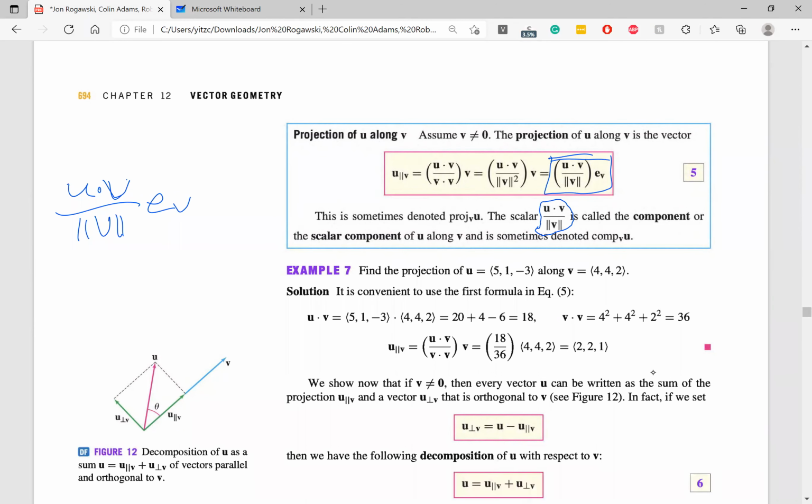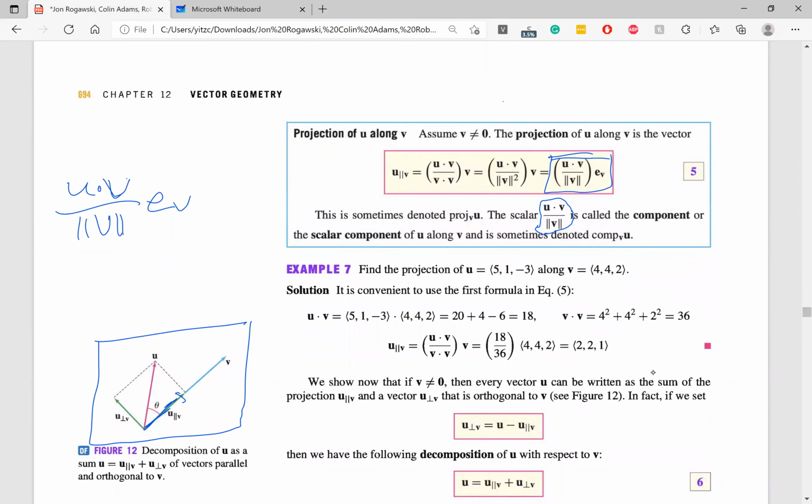So they ask us to do a problem. And here's another picture, which looks useful. Projection of U onto V over here, which is this over here.